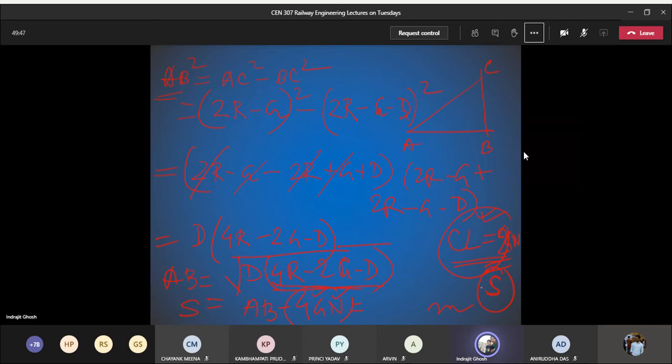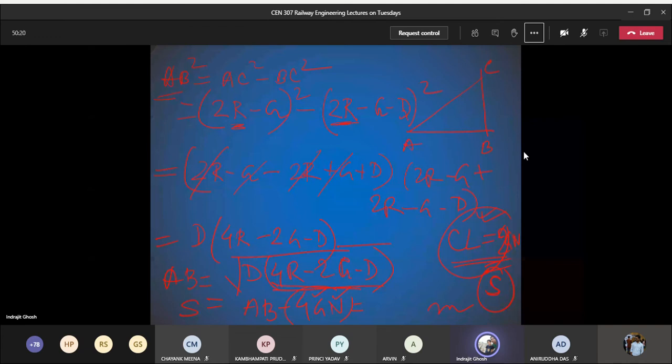Okay, there can be a different case where the angles are not the same or the radii are not the same. So in that case, how will this change? In case of that problem, you do not write 2R, rather it is R1 plus R2 minus G. In case of the second one, it will again be R1 plus R2 minus G minus D. Then subsequently all the other steps will be the same.